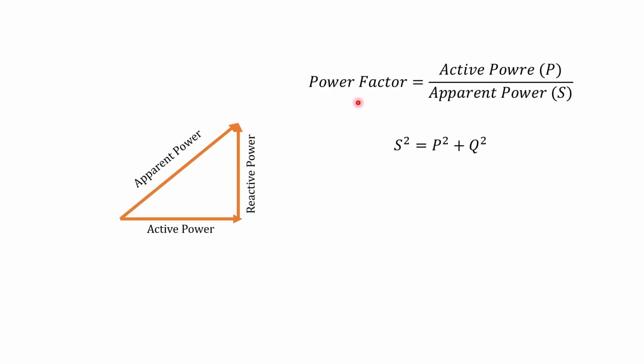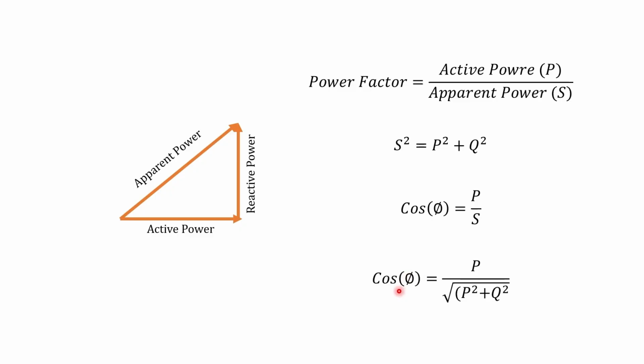So if we rewrite the equation for power factor, then cos phi is equal to P by S, active by apparent. But what we are measuring? We are not measuring apparent power, but instead we are measuring active power and reactive power. So we'll rewrite this equation as cos phi is equal to P divided by under root P square plus Q square. So this will give us power factor cos phi.